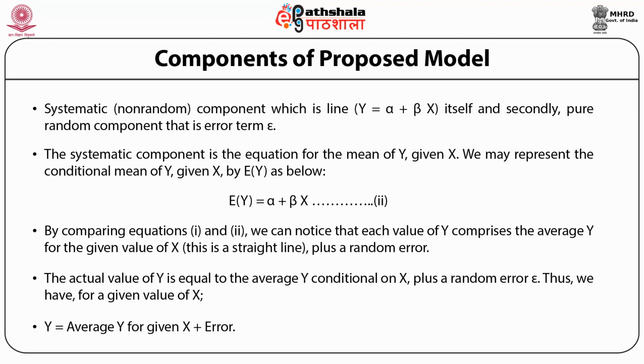So as we have developed the simple regression equation to predict the value of the variable y for the given value of the variable x. So y cap is equal to alpha plus beta x plus alpha error term, equation number 1.